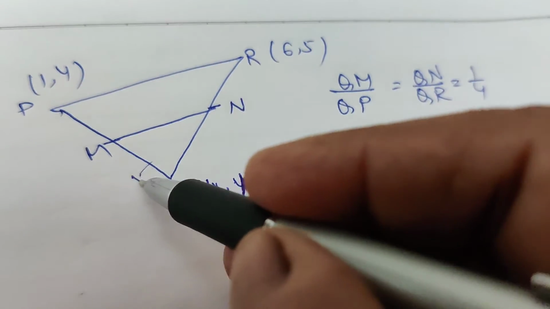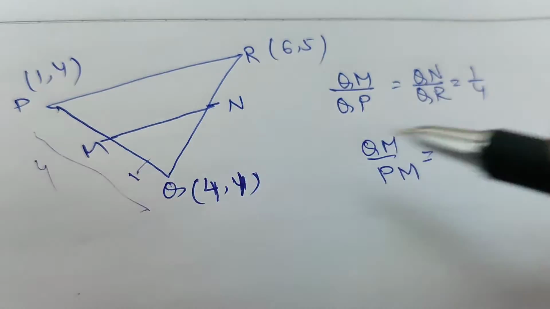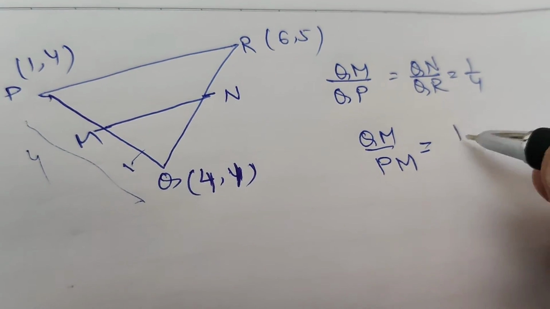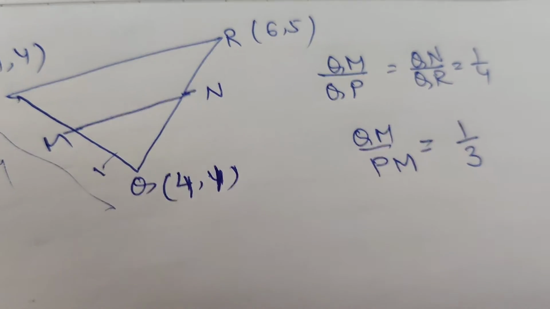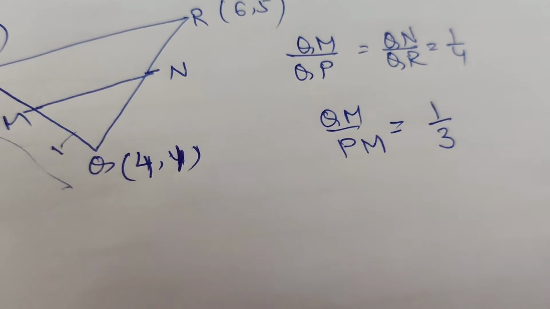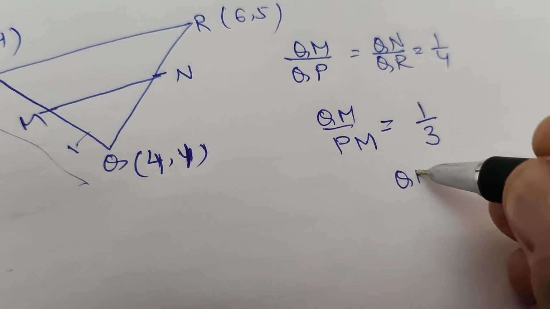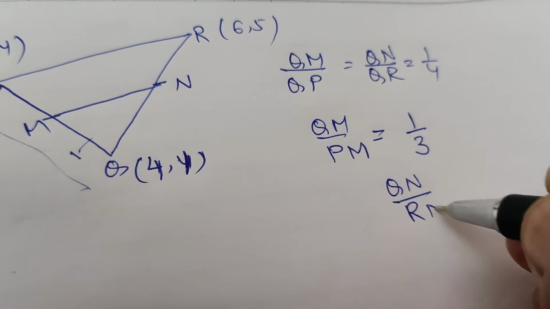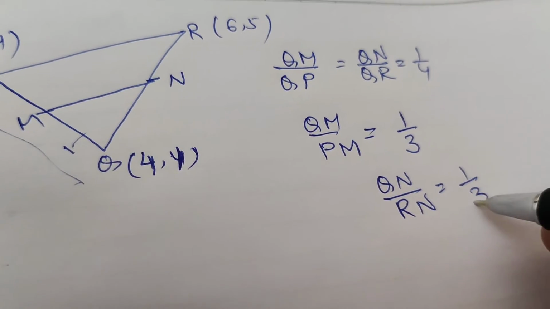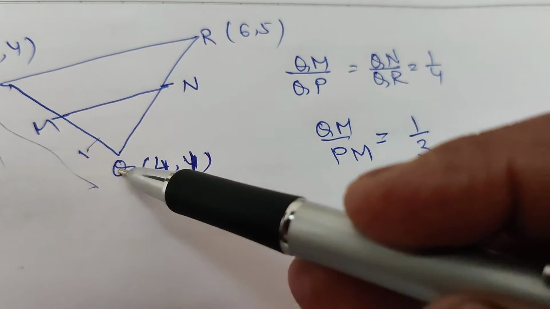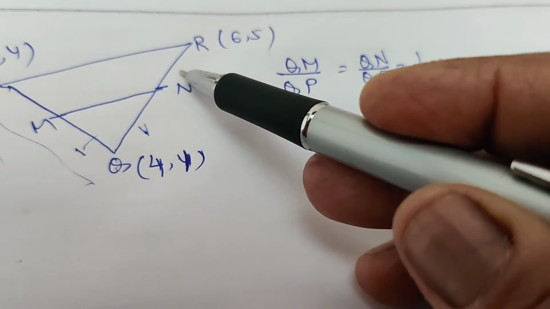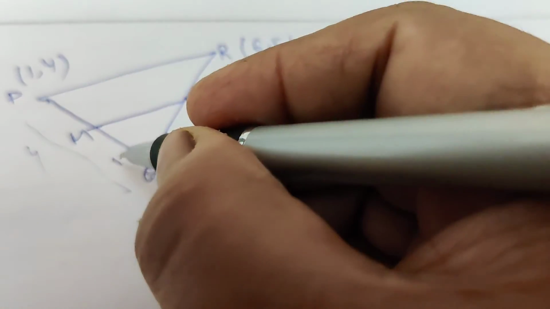If this is 1 and whole is 4, it means 1:3 ratio. QM upon PM is 1:3. Similarly, QN upon RN is also 1:3. The total parts are 4. If this part is 1, the remaining is 3.